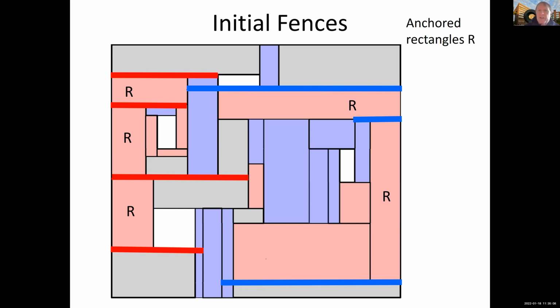So here are the initial fences for the initially exposed rectangles. The ones labeled R are initially exposed in the bounding box B of all the input.